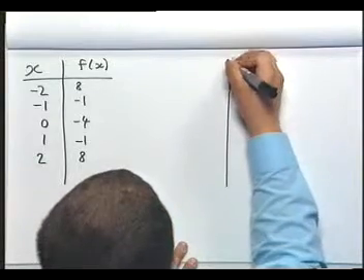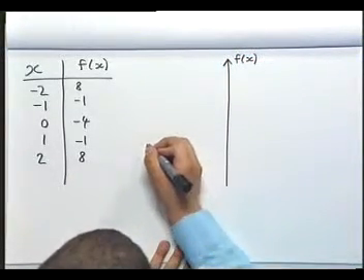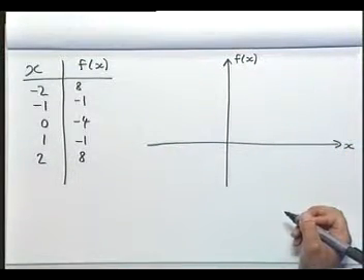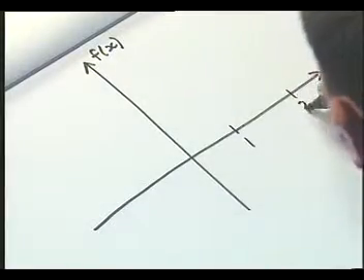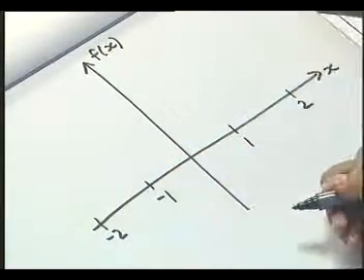So we plot our graph of f of x on the vertical axis, which is our outputs, and our arguments on the horizontal axis.